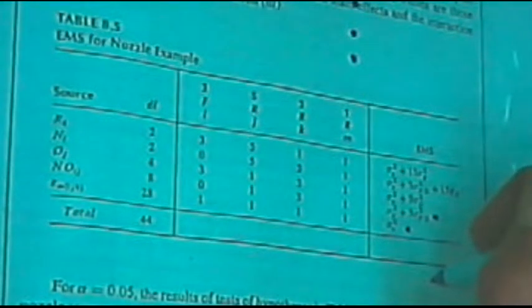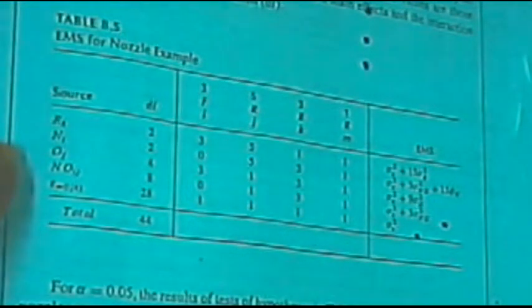If I wanted to test about O, the proper denominator would again be error. And if I wanted to test the NO interaction, the proper denominator would again be the error mean square. By looking at these expected mean squares, we can figure out the proper F ratios for testing the hypotheses, and that's the purpose of having this layout.